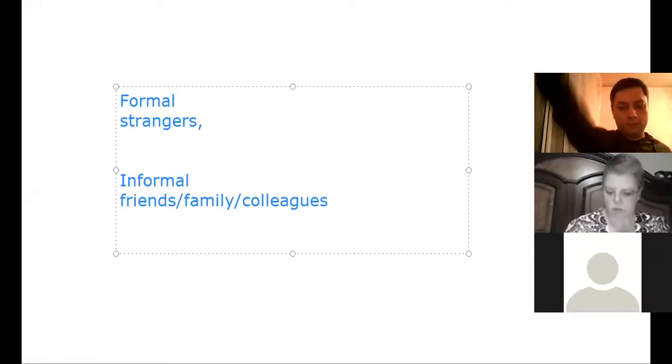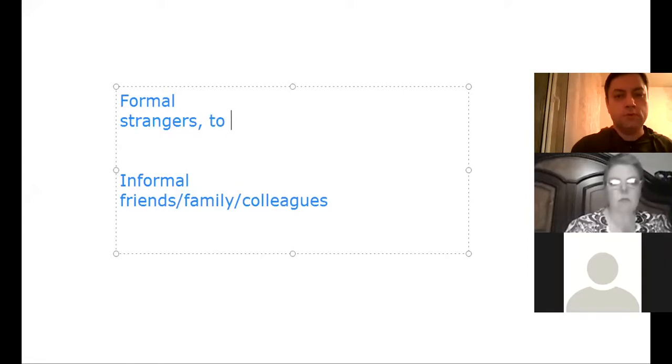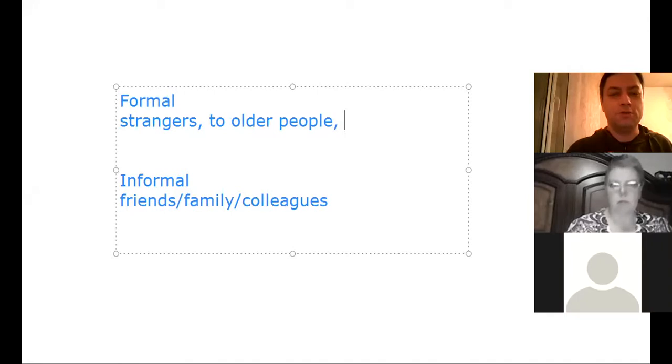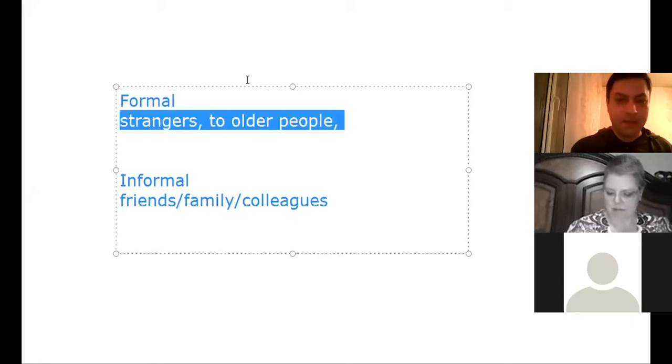There is a distance to older people, also to bosses, to teachers. Not to me, by the way. I'm not a real teacher, so to me, you don't need to use a formal way. But generally, say you go to university, you have a real teacher there, and he's older than you, and normally you'll use a formal way.